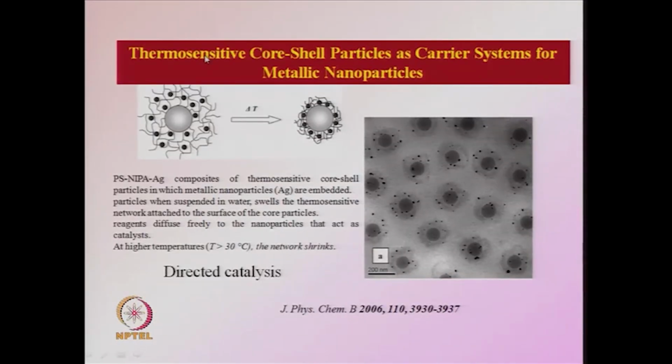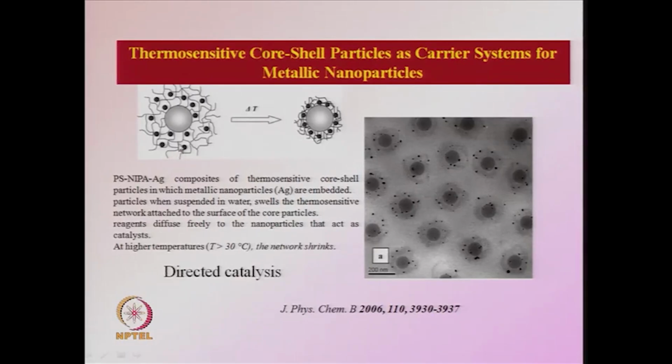This is a thermosensitive core shell particle and is being used as a carrier for metallic nanoparticles. So, what do you understand by thermosensitive core shell particles? Thermosensitive means something which is sensitive to temperature, and this is a core shell particle which will be used to carry metallic nanoparticles.